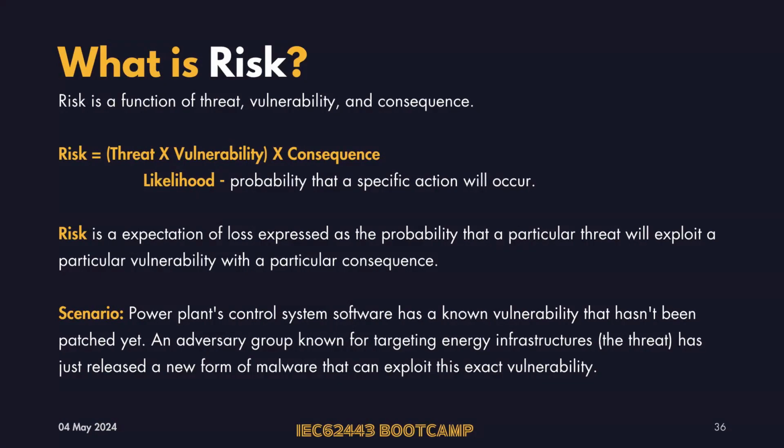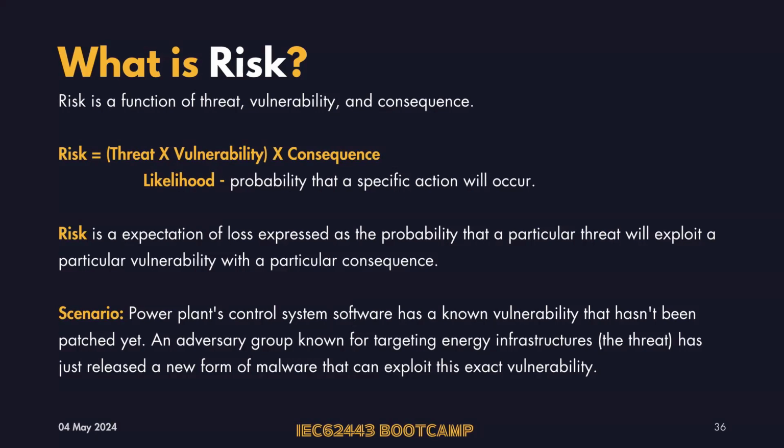Here the vulnerability is how they will exploit it, and the vulnerability is your outdated patches. Then the consequence: if that malicious actor manages to exploit this outdated patch, then what is the consequence? The consequence is the expectation of loss.